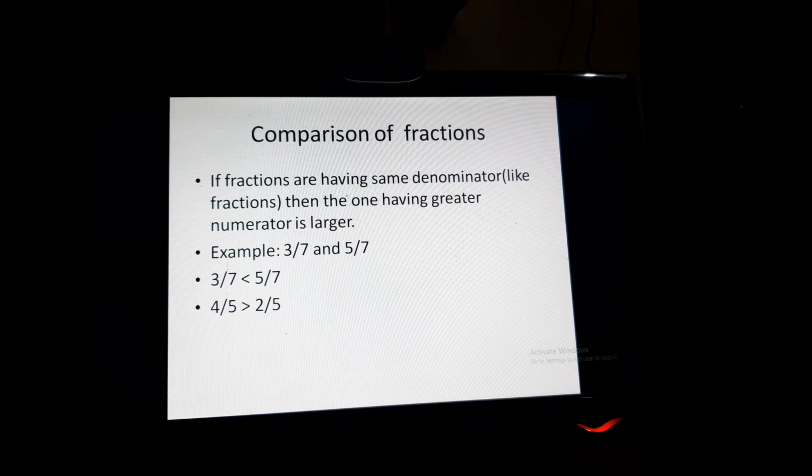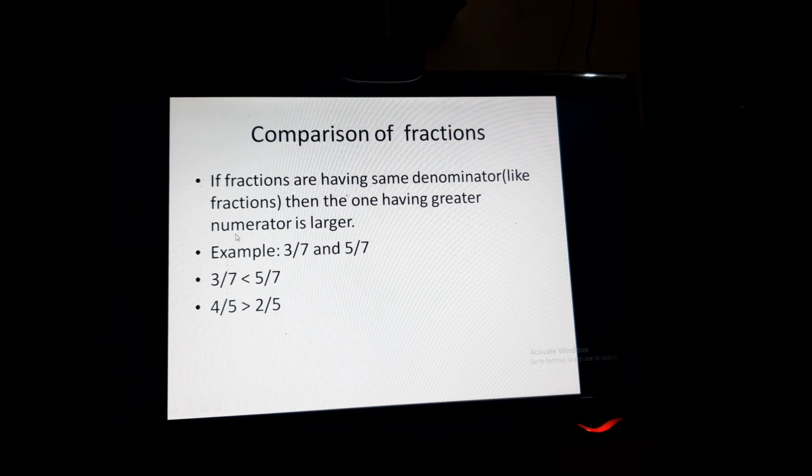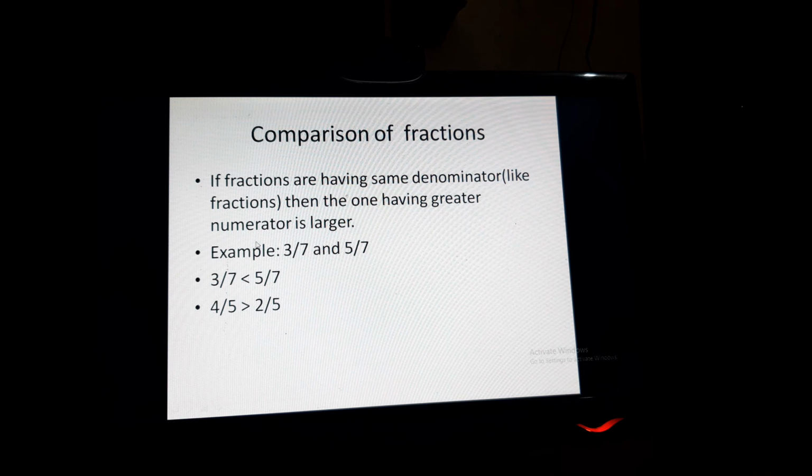First of all we'll see whether the fractions are like or unlike and then decide how to compare them. Fractions having the same denominator are called like fractions. This we've studied right now. Then the one having the greater numerator is larger. 3 upon 7, 5 upon 7.